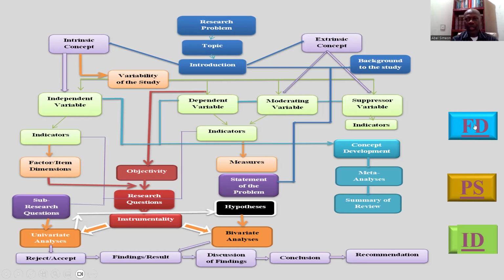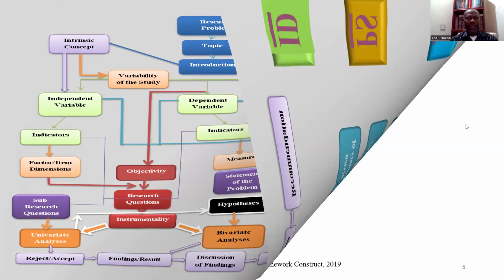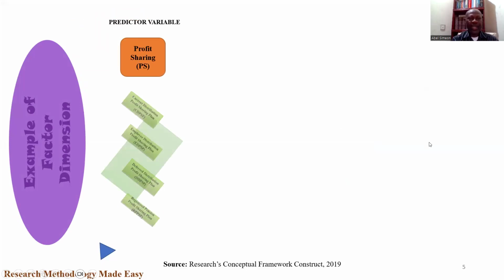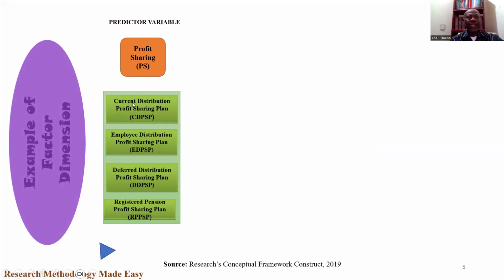Let me explain what I mean by factor dimension. You have the independent variable here, which is profit sharing, and then you have the indicators, that is, those things that explain what profit sharing is. I've already explained in my previous videos how to get the dimensions.